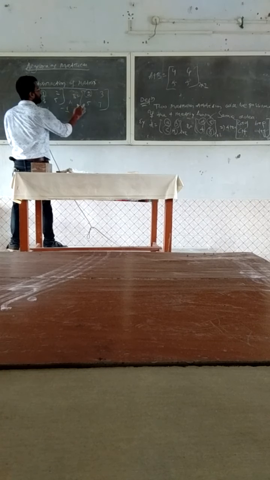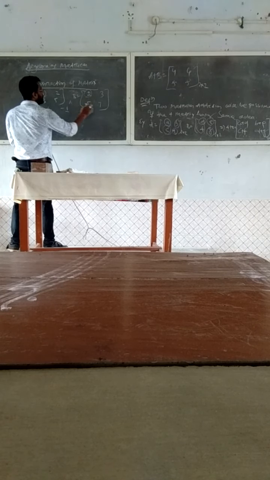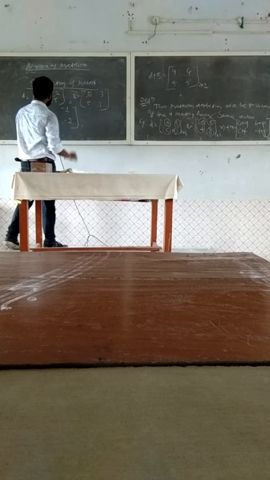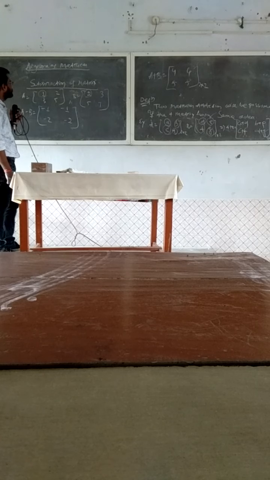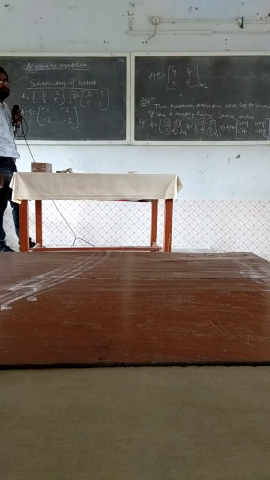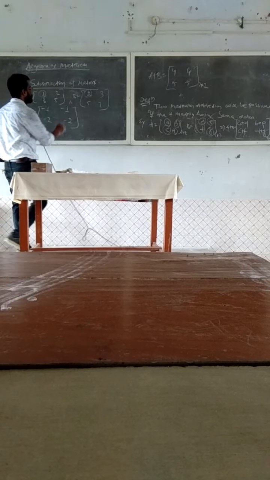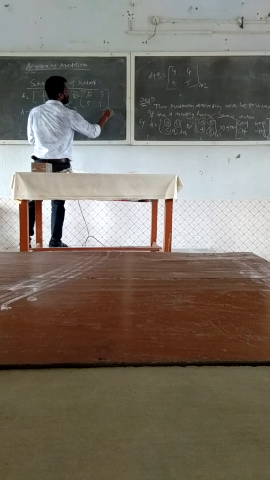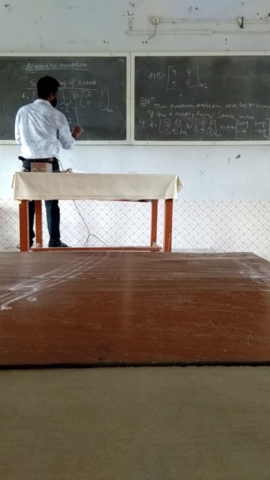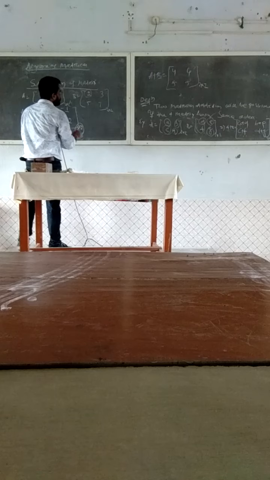Similarly 3 minus 5 is minus 2, 5 minus 7 is minus 2. This is an example of A minus B, which is also of order 2 by 2.